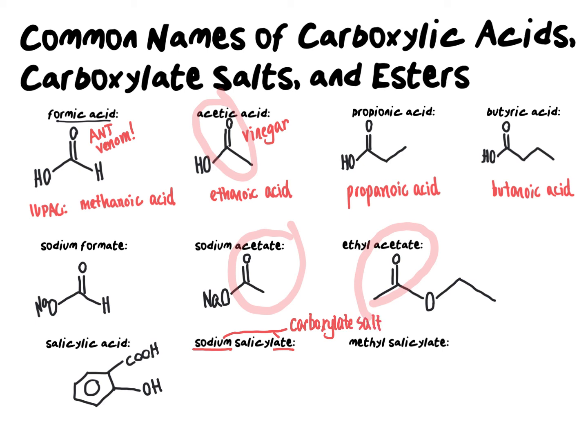And so, thinking of sodium salicylate, a carboxylate salt, what we need to do is take the starting material that was salicylic acid, and we are going to be working on that COOH group and converting that, instead of being COOH, it's going to be COO minus with a sodium counter ion there. And we don't have to put O minus and Na plus. We could if we wanted to, but putting just ONa implies that that's an oxygen anion and a sodium cation, and that's sodium. And then salicylate is referring to the rest of this molecule, which is an ion because of the negative charge on that oxygen that would have to be present.